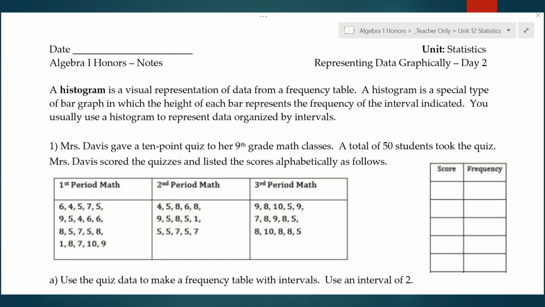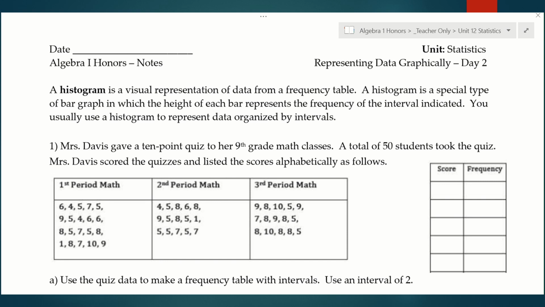That's just because your bars are representing things or single numbers, versus in a histogram, your bars are representing intervals. If I said, how many pets do you have, I might have an interval that says 0 to 2, 3 to 5, 6 to 9, and so on.